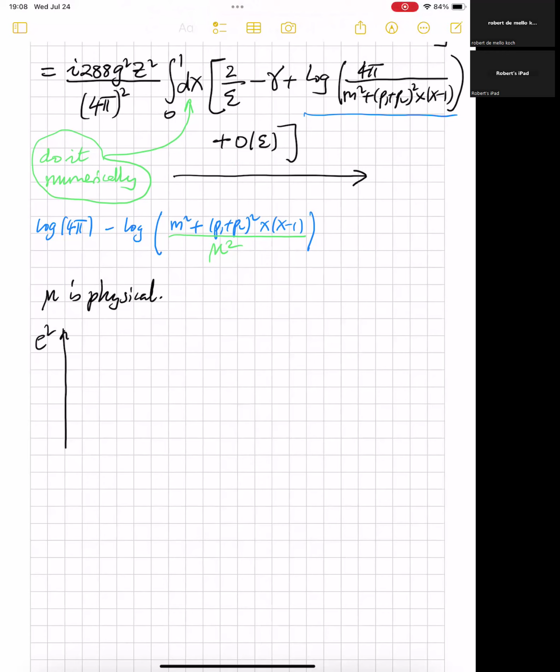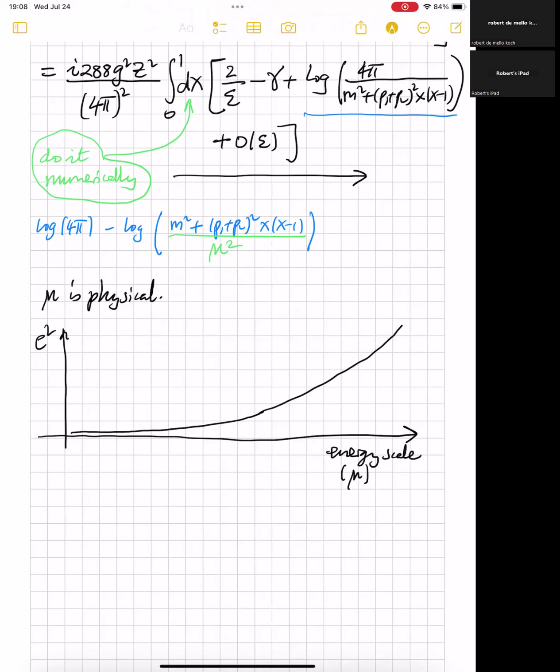That's not true in quantum field theory anymore. In fact, the charge starts to depend on the energy scale. And a dependence on the energy scale here means a dependence on this new scale, mu. And the way the electric charge behaves at very low energies, it's small, but as you get to higher and higher energies, it gets bigger and bigger. So this is how the electric charge behaves.